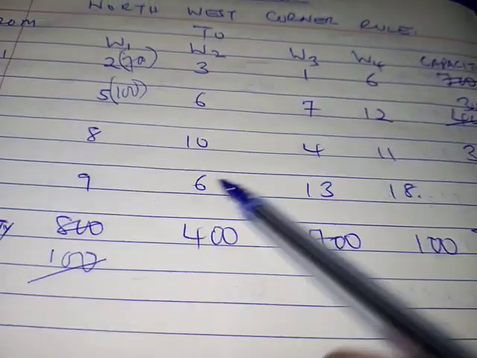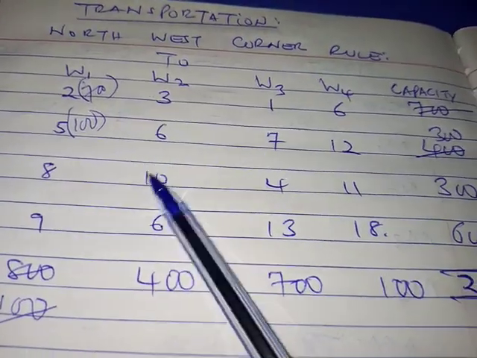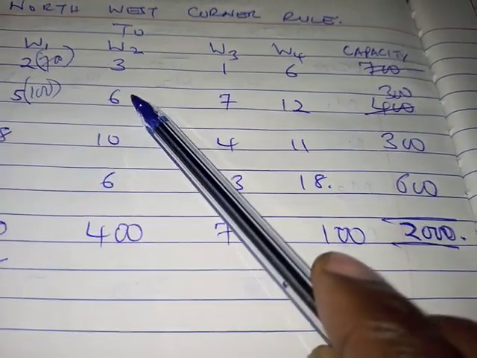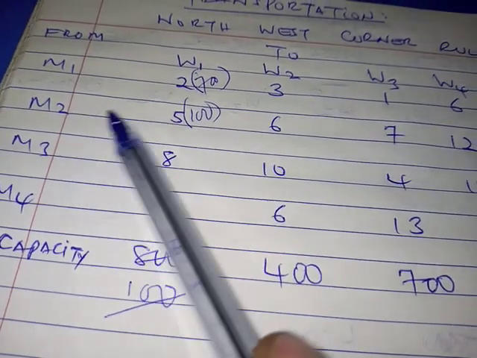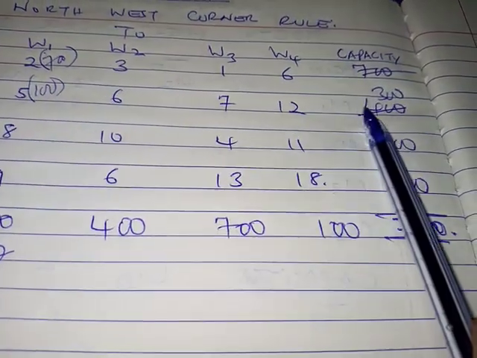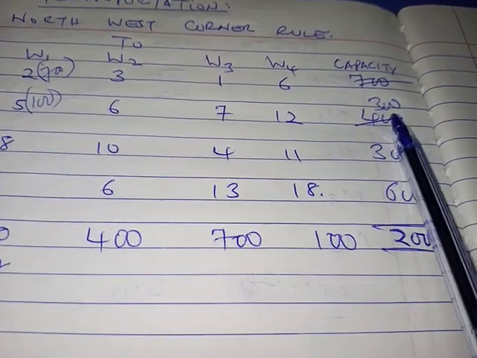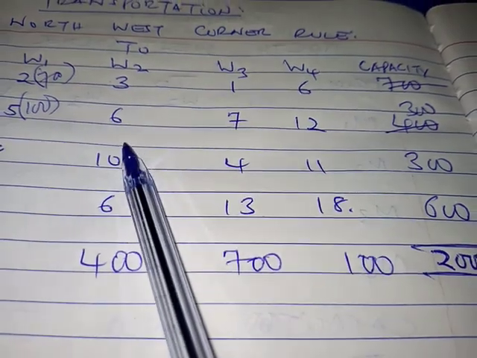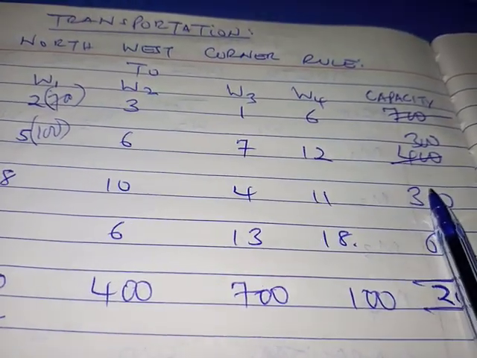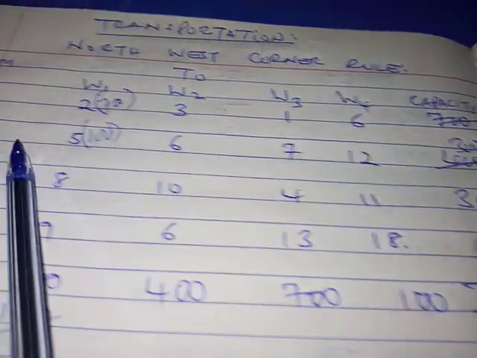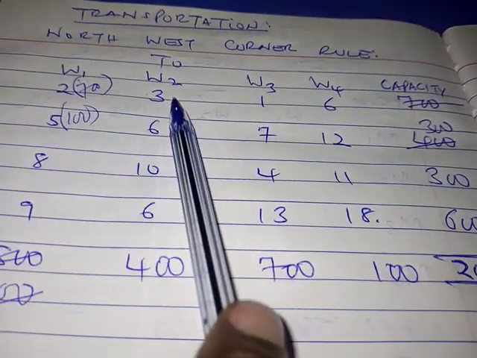Now, again, we don't move to the next row, we don't move from M2 to M3 until we have cleared the balance for M2. So the next thing we shall look at is to assign the 300 to W2. And assigning 300 to W2 would mean that we shall assign from M2 to W2.